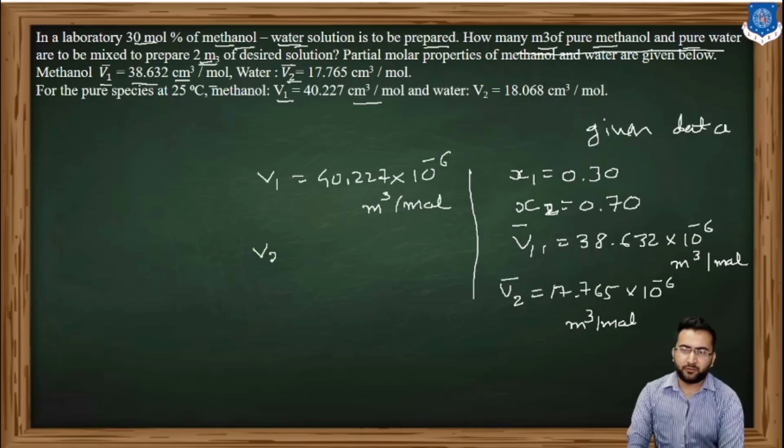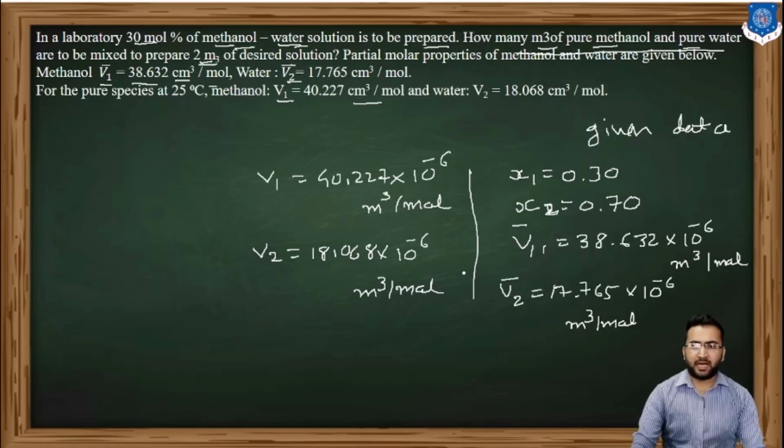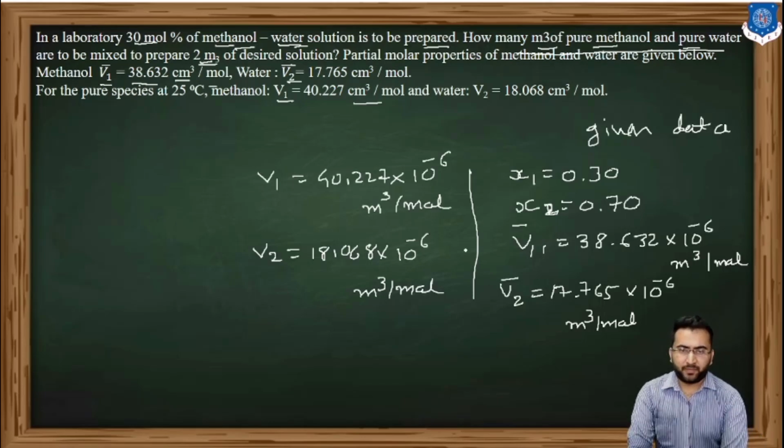Similarly, for V2 we can write 18.068 multiplied by 10 raised to minus 6 meter cube per mole. All this data is given in the statement. V1 bar and V2 bar are the partial molar volumes of methanol and water, and V1 and V2 are the molar volumes of methanol and water.